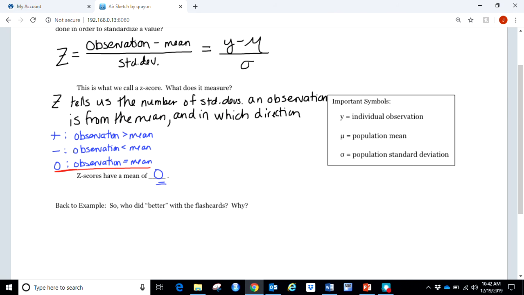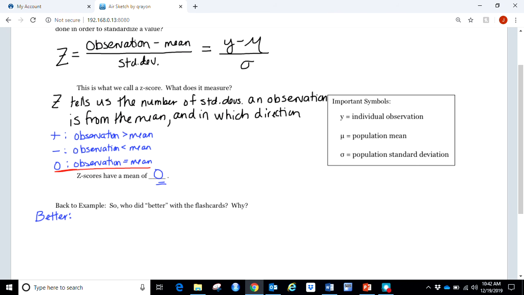Now we actually have the information to answer our question about which of these two students did better with the flashcards. We're going to be using this formula to help us, but at first it might be nice to think about what I'm going to be looking for in this number before I've done the calculation. Let's first talk about what better even means here.